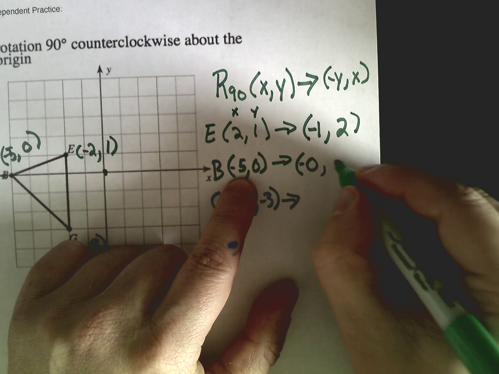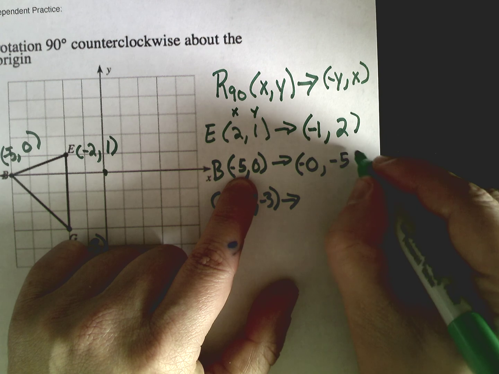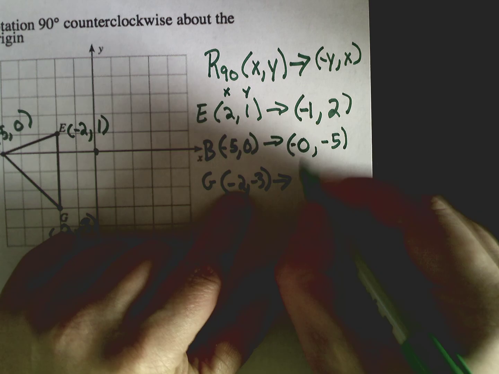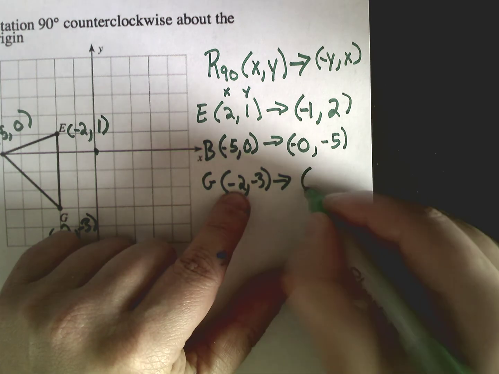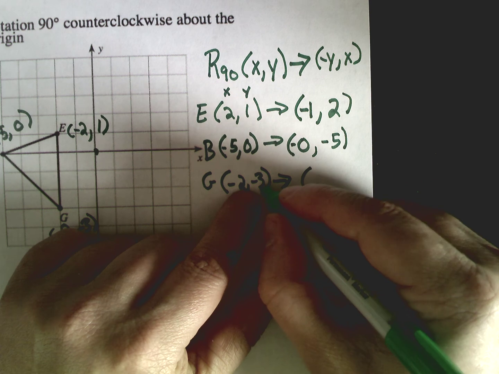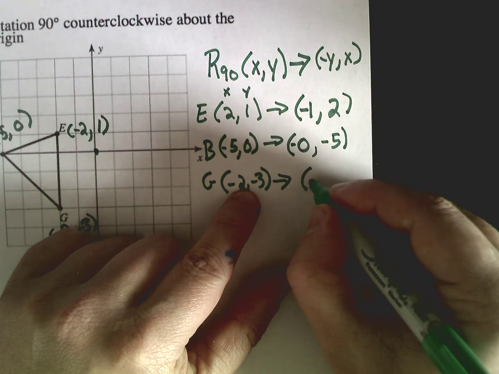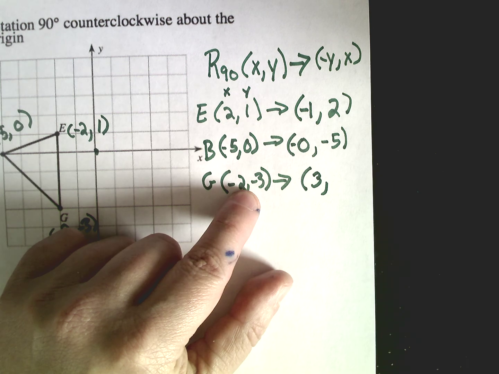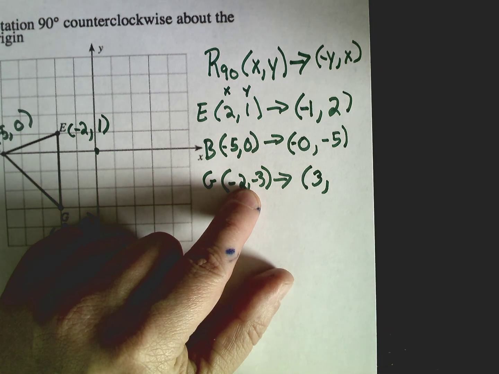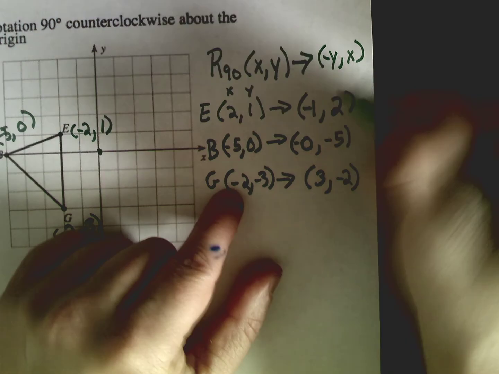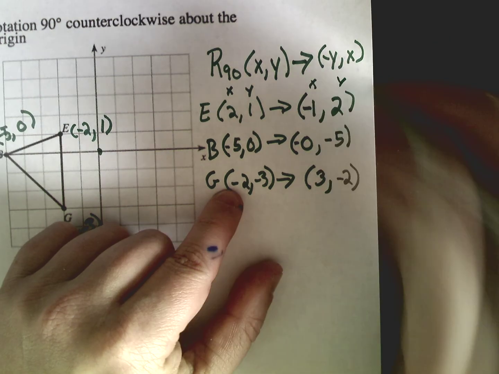And I just put my X, -5. Third one, -3 is my Y, but I'm making it negative, so a negative times a negative is a positive. 3, comma, I just put my X. So these are my new coordinates.